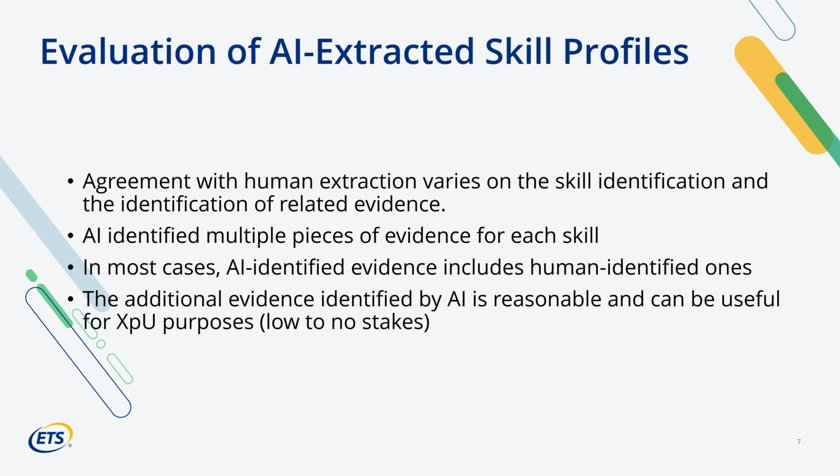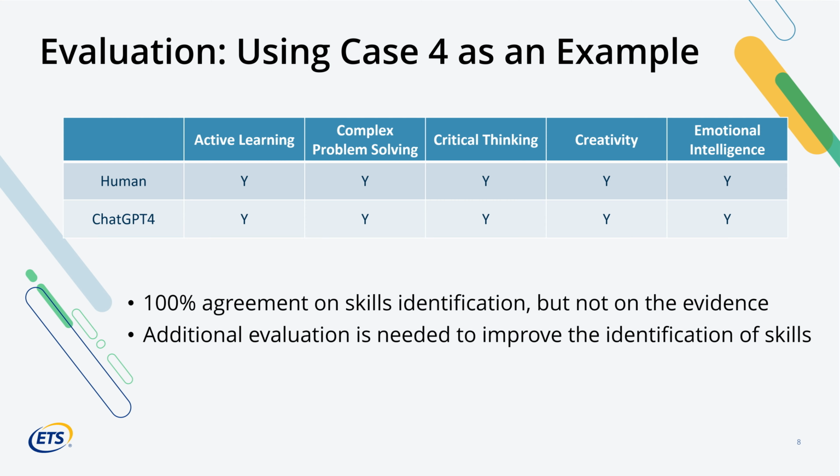In most cases, we found that AI identified evidence includes what was identified by a human, and in terms of the skills present, they mostly overlap with each other very well. The additional evidence identified by the AI process also seems reasonable based on the single case we evaluated.